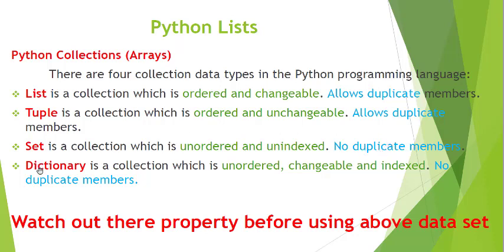duplicate members. Now a dictionary is like an associative array, like we have seen in JavaScript, like $_GET or $_POST, which are associative arrays with key-value pairs. The dictionary is kind of like that. It is unordered. It doesn't have an order. We don't need an index basically for the dictionary or in a set because there is a key-value pair.